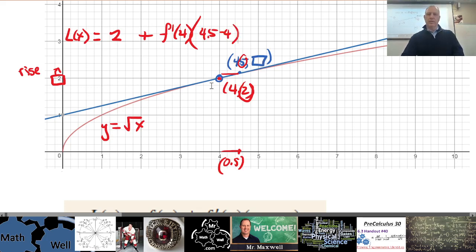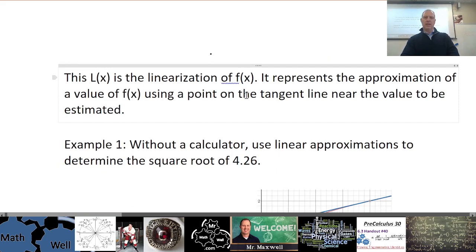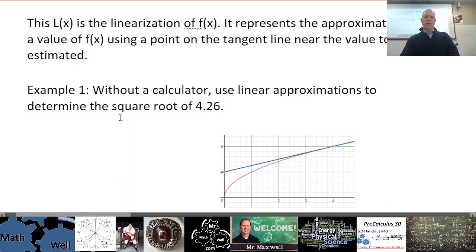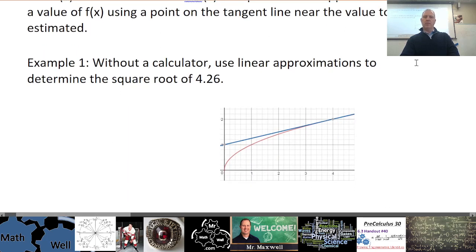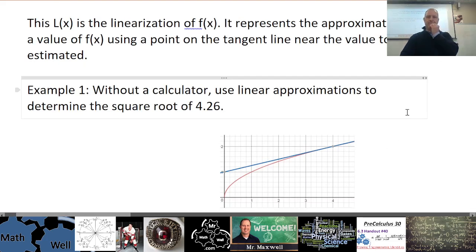So let's do an actual question with this then. Example 1, right here. Just jot this down, and if you want to sketch out this diagram below, that's great.